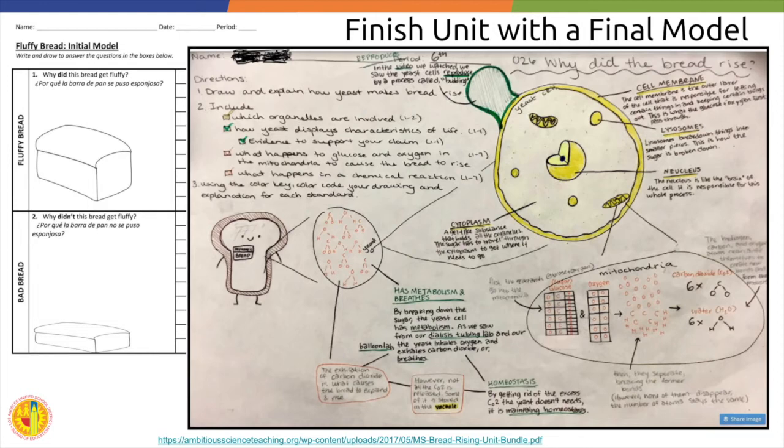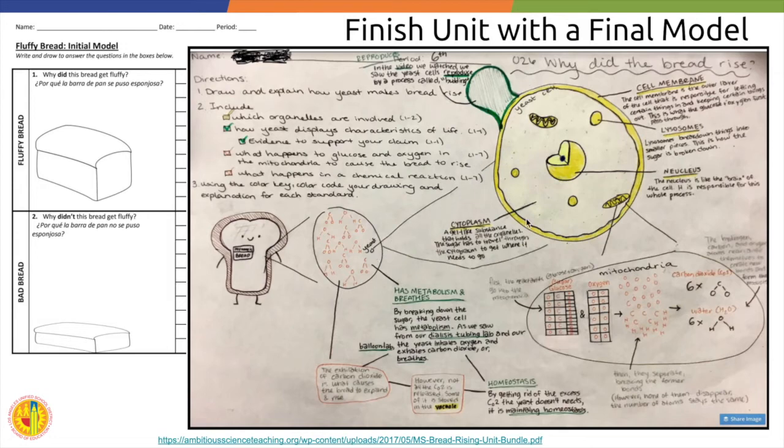In the final model, the student drew a slice of bread. And then there's a zoom-in bubble. From that slice of bread, you can see that there are little CO2 and H2O molecules and a yeast cell. Then the student drew a zoom-in bubble onto that yeast cell.